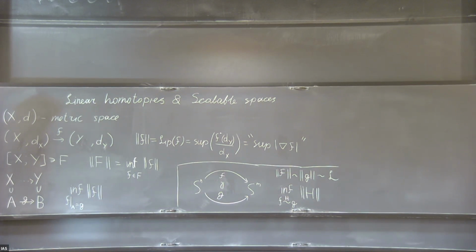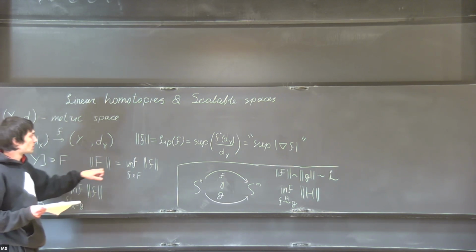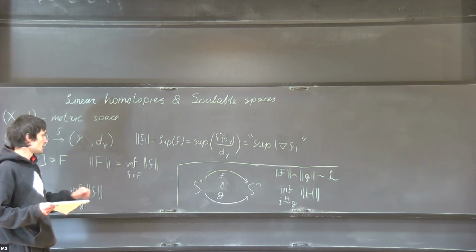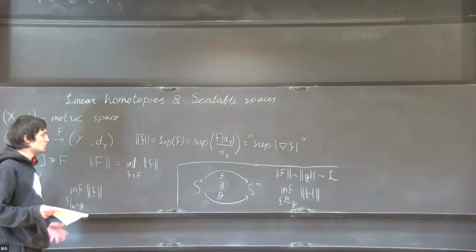And when we turn our glance to the more topological, homotopy side, we can ask questions like: if we have a homotopy class of mappings from X to Y, then what kind of representative for that mapping can we find, how small can its norm be?